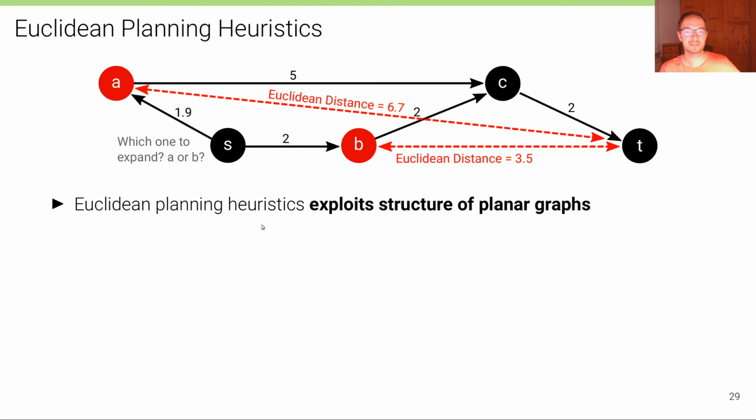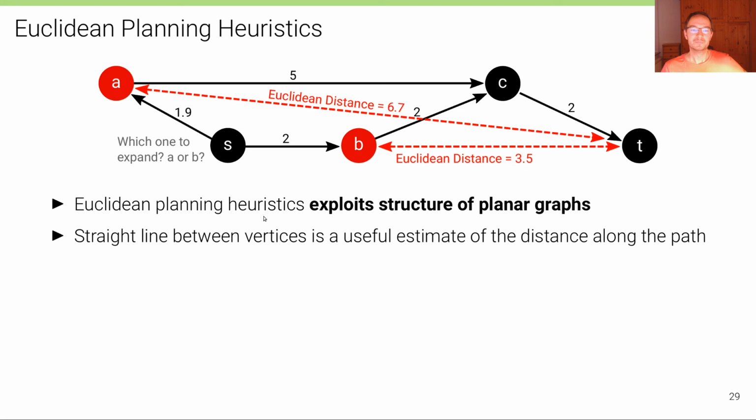Euclidean planning heuristics exploit the structure of planar graphs. The idea is that the straight line between vertices is a useful estimate of the distance along the path. For example, if I want to move from A to T, the Euclidean distance in this case, as I measured it, is 6.7. Of course, the true distance from A to T is 5 plus 2, so it's 7.